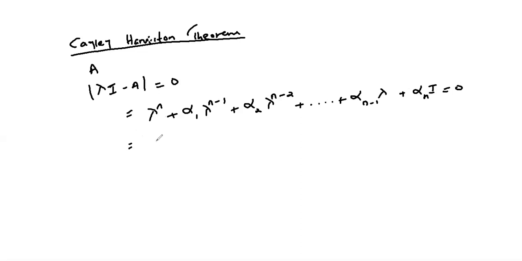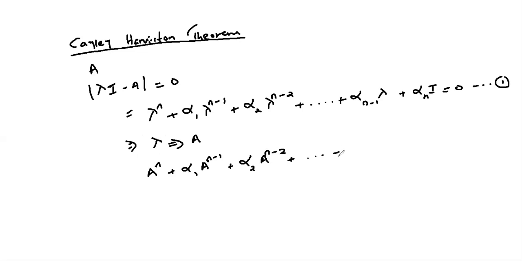If we substitute into our characteristic equation, call it equation 1, if we substitute for lambda with A, then the equation can be written as A^n plus alpha 1 A^(n-1) plus alpha 2 A^(n-2) plus alpha (n-1) A plus alpha n I equals 0.